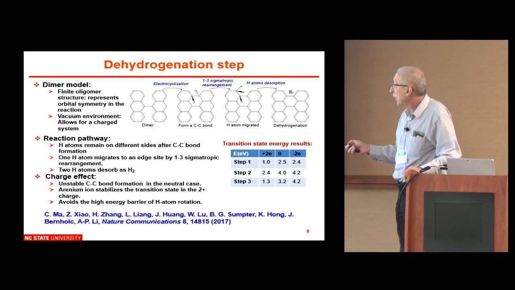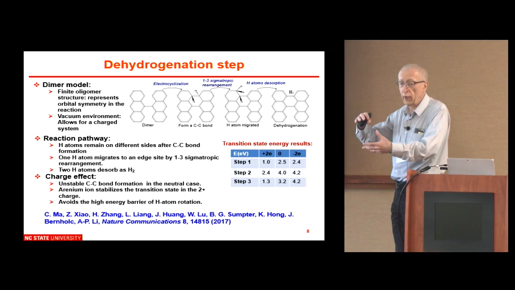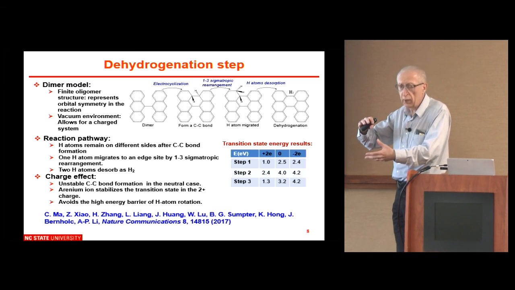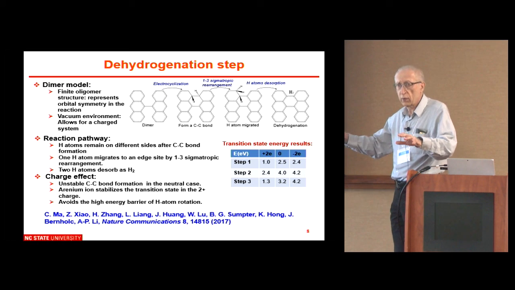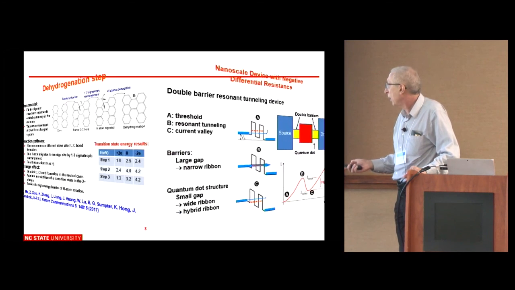And we figure out how it happens. It happens because of a charging effect, and there's the so-called Arrhenius-type ion effect that catalyzes the transformation and allows for this transition. That has already been published. You can read about that.